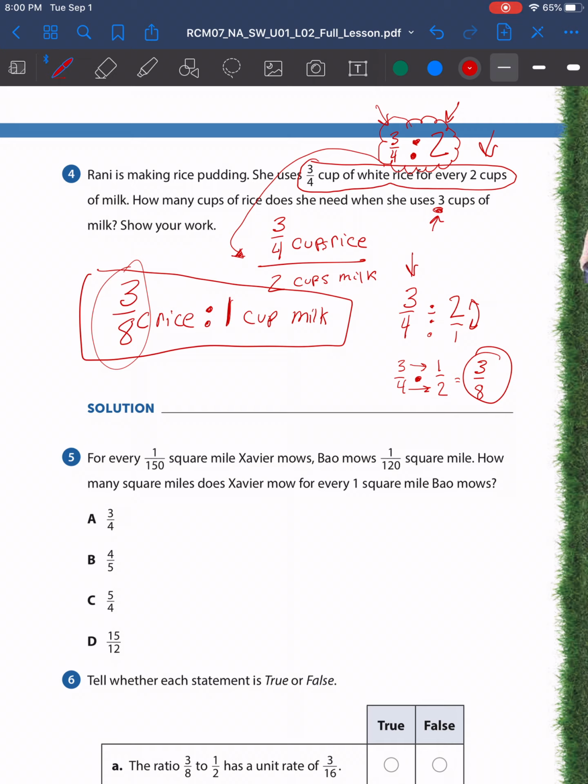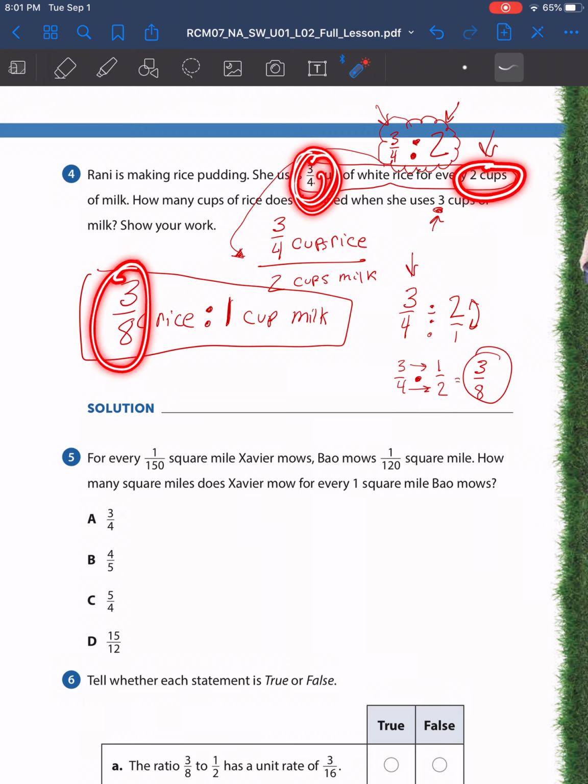So instead of adding 3/8 plus 3/8 plus 3/8, I can just take 3 times 3/8, okay? Or, you know what else I could do? Since I know that it takes 3/4 cup to get 2 cups, couldn't I just take 3/4 and just add 3/8 to it, which is 1 more cup of milk, and then still get 3 cups?